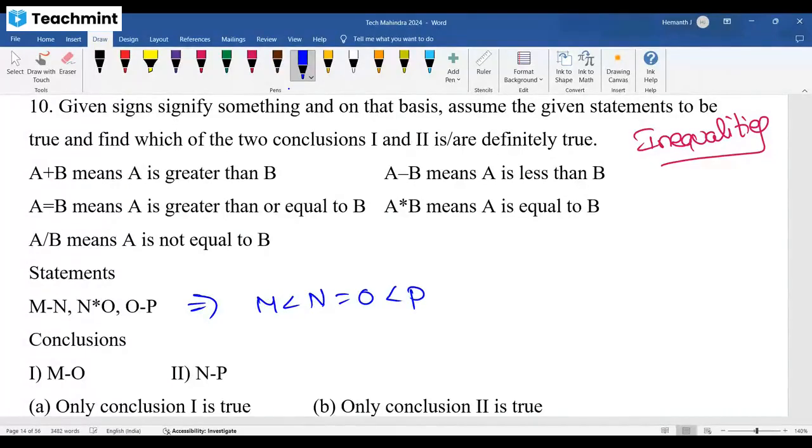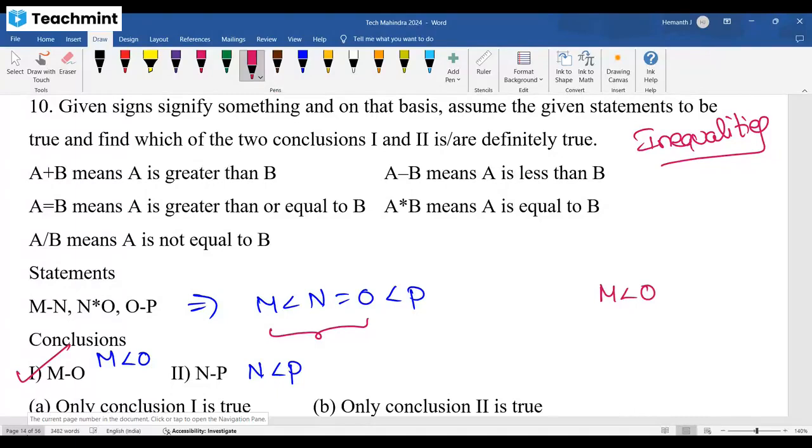Now, the first one is m less than o. The next one is n less than p. Correct. As n equals o, in place of n I can put o, so m less than o is correct. O less than p: as n equals o, in place of o I can put n, so n less than p is also correct.